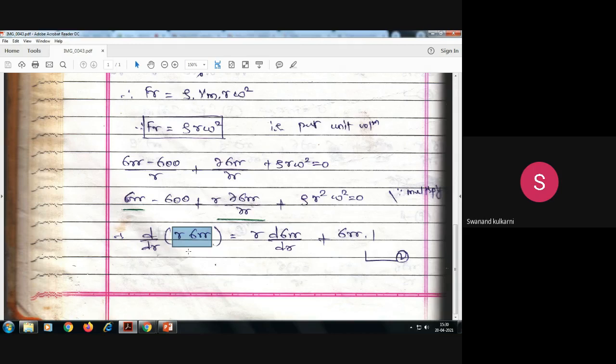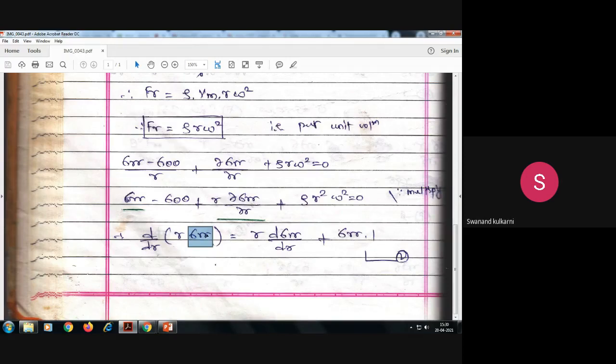And this product rule: first function as it is, derivative of second, plus second function as it is, derivative of first. Is it okay? So first function as it is, this is the r. Then derivative of second is d sigma rr upon dr. Second function as it is, sigma rr will remain as it is, and derivative of r will become 1.